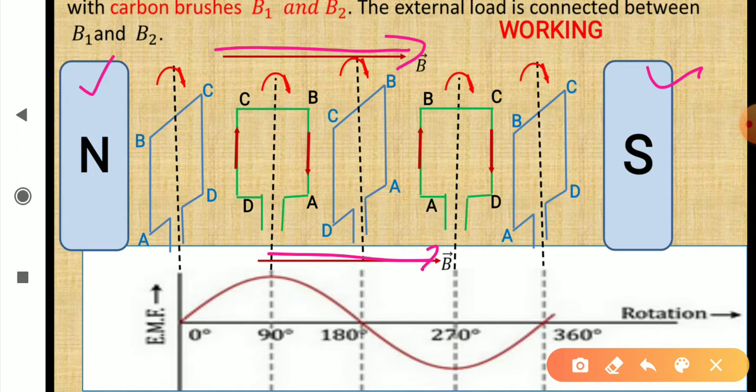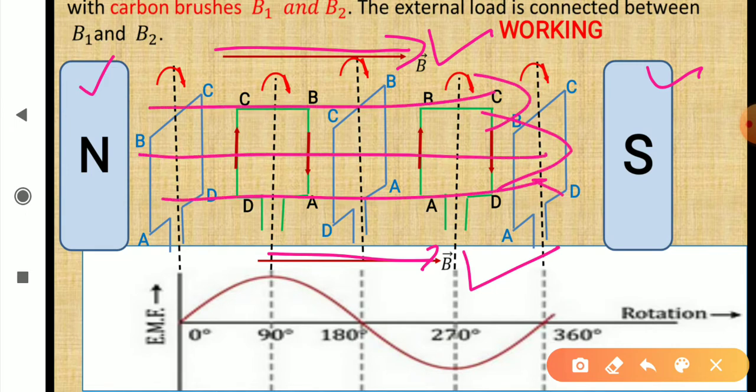So initially, when the plane of the coil is perpendicular to the plane of the paper, let us assume that the magnetic field exists in the plane of the paper from North Pole to South Pole, and the plane of the coil is normal to the plane of the paper. That means the area vector of this coil is along the direction of the magnetic field. So just try to imagine this thing.